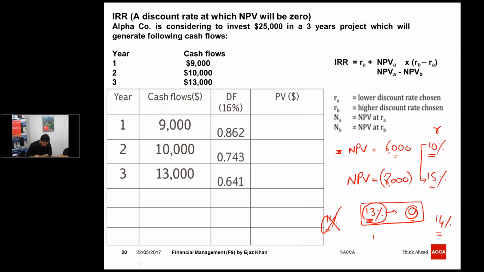So we are just trying to find out the rate at which the NPV of the project will be 0. Once we know at what highest rate of discount the NPV will be 0, we will come to know how much we are earning and should we accept this project or not.